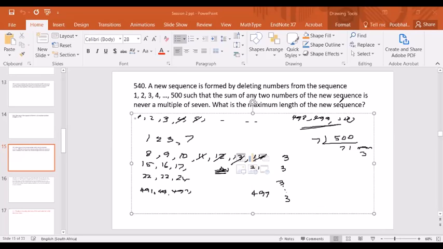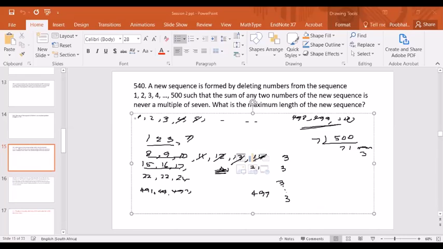What is the maximum length of the new sequence? So how many are there here? You will see that you have to count now. There's 3 here, there's 3 here, there's 3 here, and 3 here.